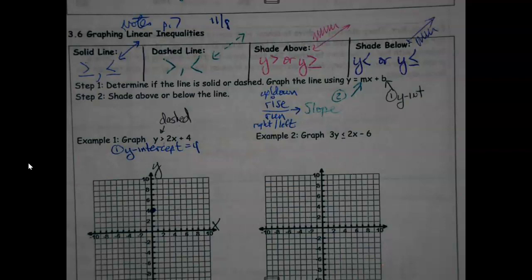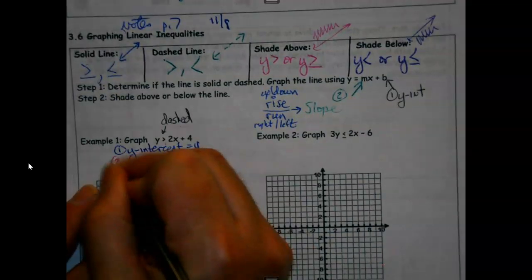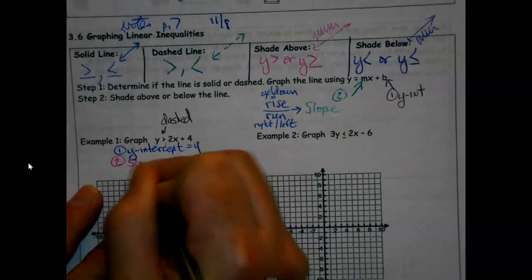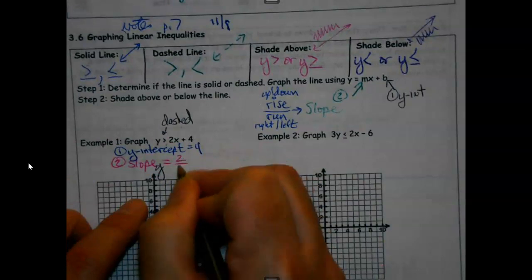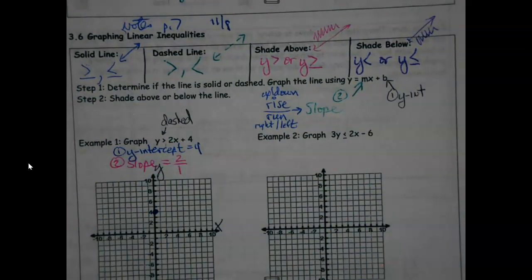So, right off the bat here in our first example, my slope, my number in front of x, is not a fraction. So, here's the question. If your slope isn't a fraction, how do you make it one? If you don't have a fraction, we're going to put it over 1. We're going to divide by 1.